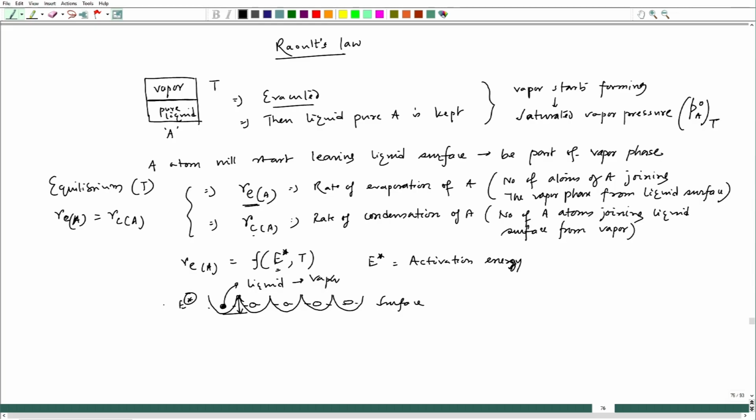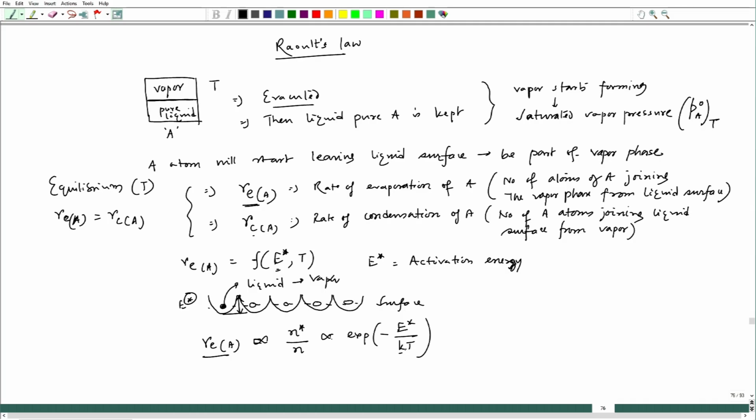Fine, and this R E relation can be written in this fashion. The rate of atoms leaving the liquid surface is proportional to the number of A atoms which have acquired activation energy more than E star, divided by the total number of atoms N on the surface. In fact, that is also proportional to exponential minus E star by kT.